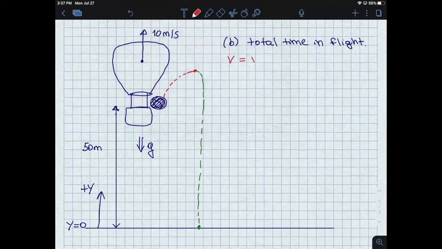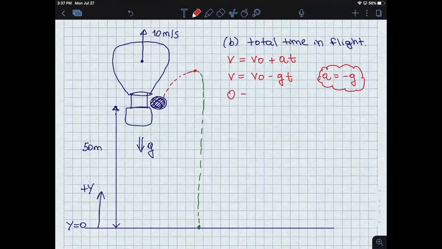v is equal to v naught plus at. a is negative g, so v is equal to v naught minus gt. Maximum height, like we said in part A, means the final velocity is 0.